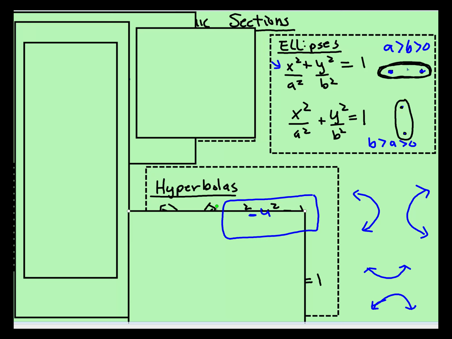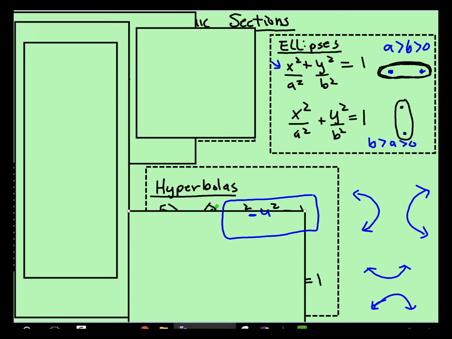And then, yes, you're going to need to find the foci, you're going to need to find the center of the ellipse, and what's called the eccentricity, but we'll get on to that. For right now, those are the 4 different types of conic sections, and pay attention to the equations, because we're going to be working on recognizing, when you see an equation, how to quickly know which type of conic section we're dealing with.